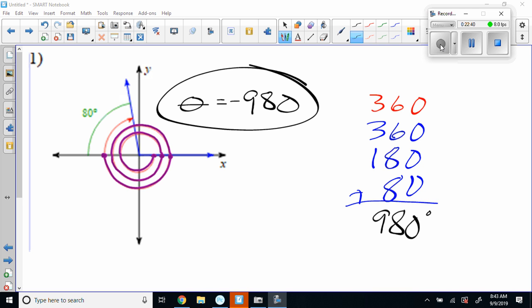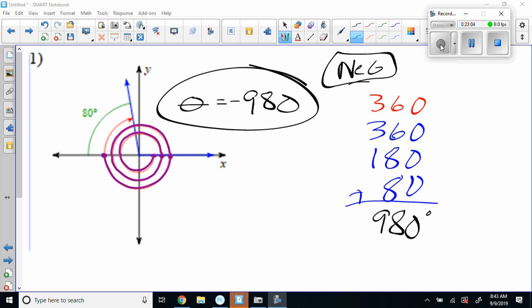So, where are you going to make your mistakes? You're going to make your mistakes with putting either a positive angle or a negative, right? So name your rotation, write it down.